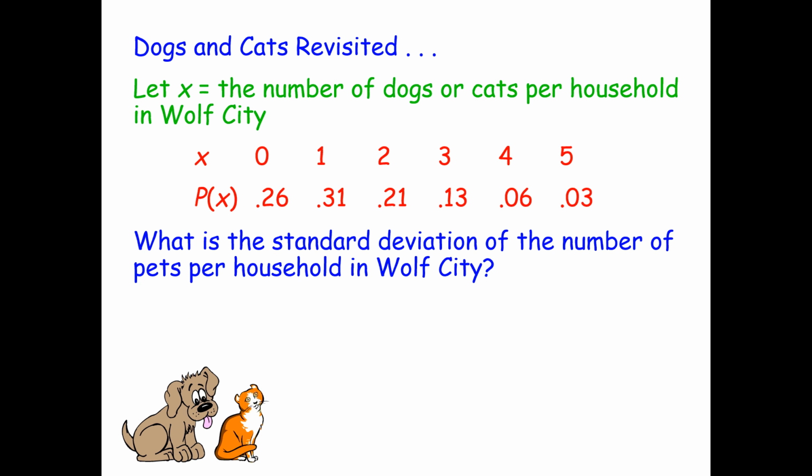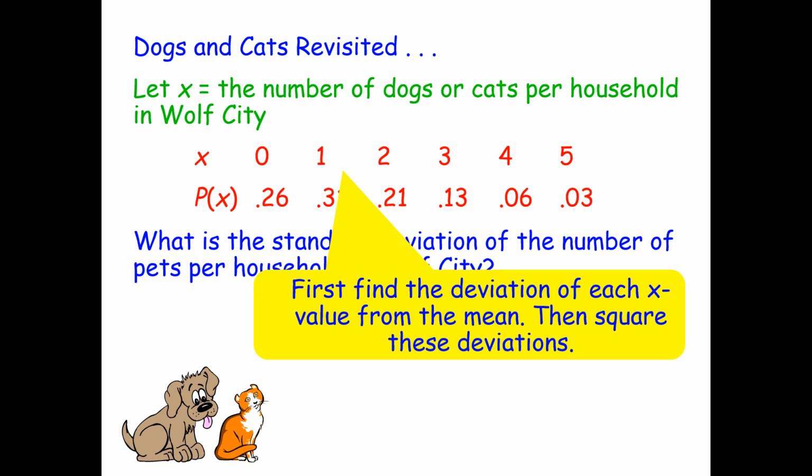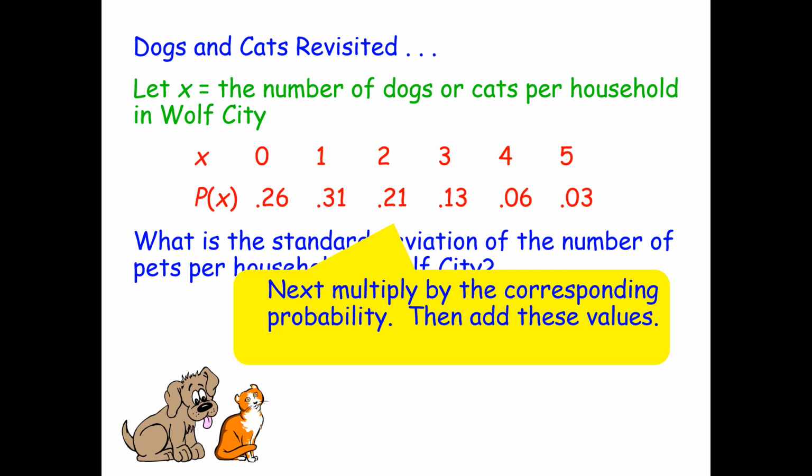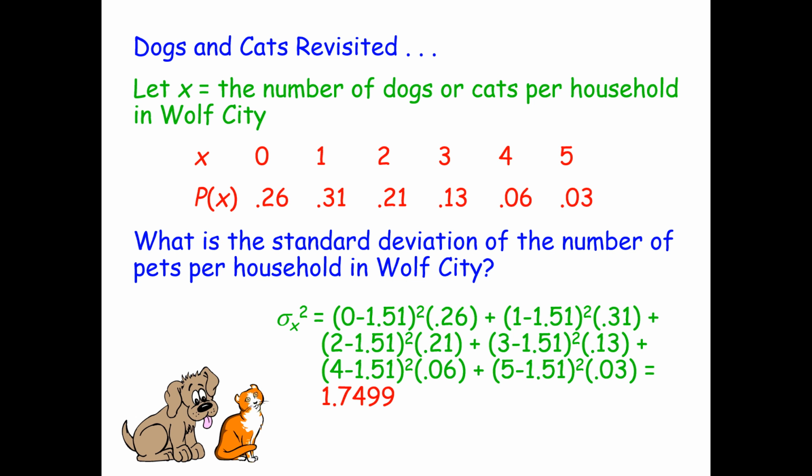So what is the standard deviation of the number of pets per household in Wolf City? Well, first, we're going to find the deviation of each x value from the mean. Then square these deviations. Then we're going to multiply by the corresponding probability and then add these values. So we have our sigma sub x squared equals 0 minus 1.51 quantity squared times 0.26.